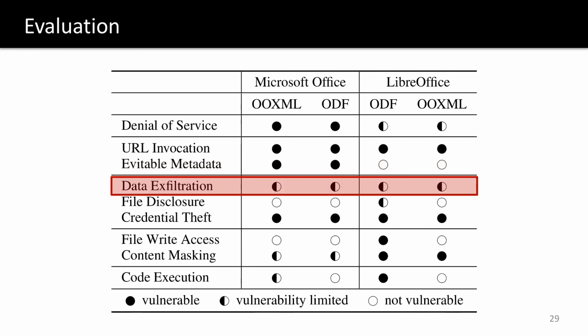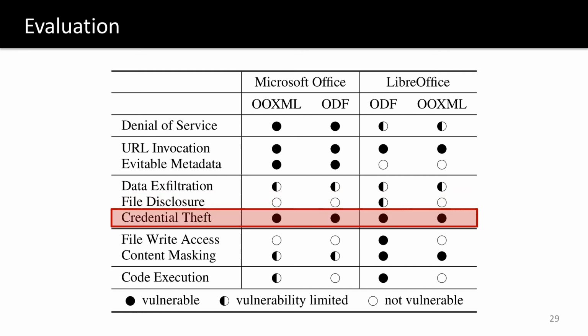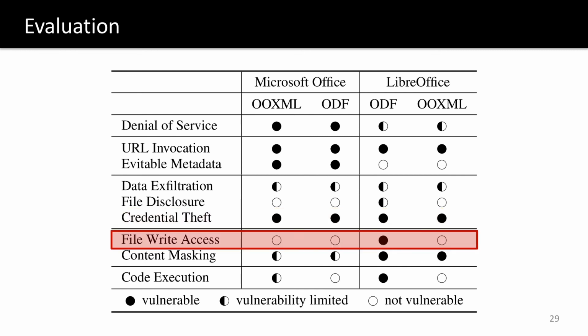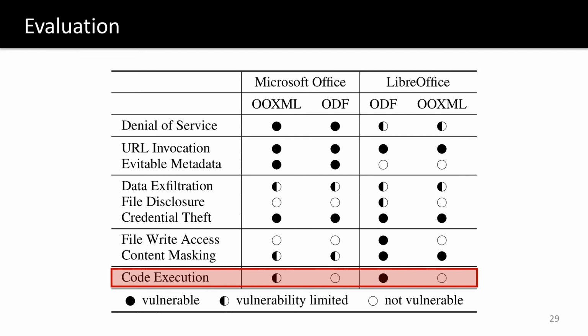Spreadsheet data exfiltration requires user interaction in both Office suites, and only in LibreOffice we had limited file inclusion without exfiltration, while NTLM credentials could be leaked in both Office suites. We could write to or delete arbitrary files on disk in LibreOffice, while content masking attacks had some limitations in Microsoft Office. A working proof of concept for code execution in LibreOffice could be provided, while we classify the memory corruption in Microsoft Office as somewhat limited.